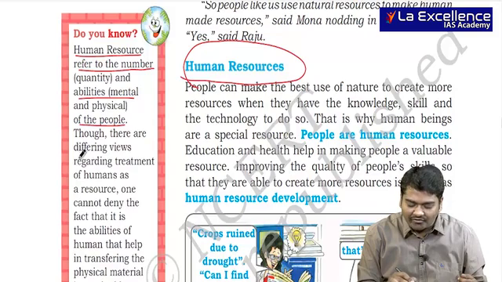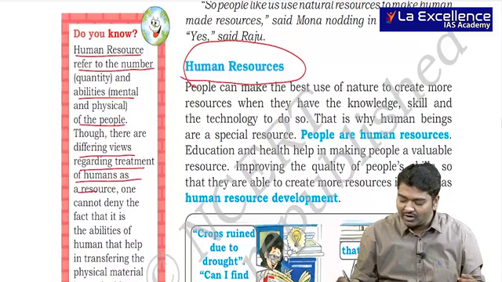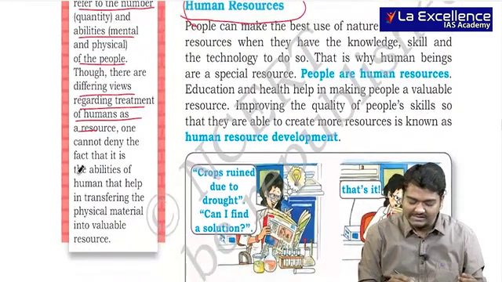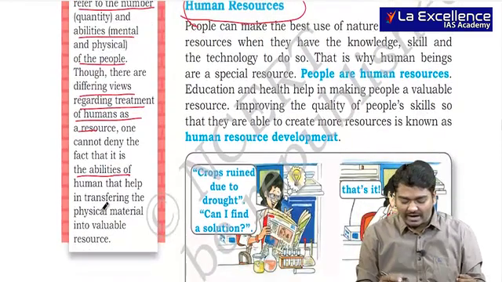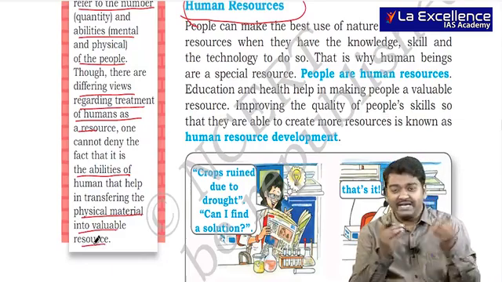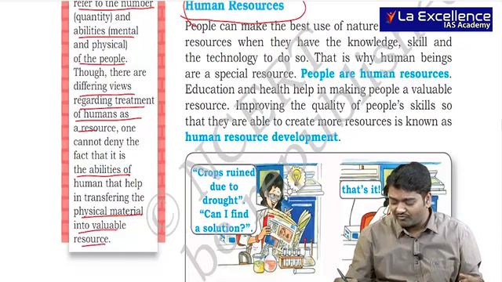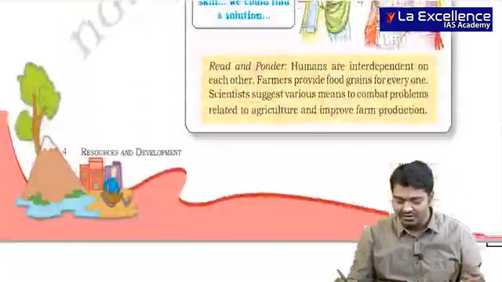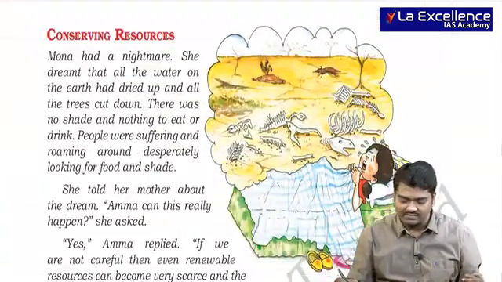Though there are differing views regarding the treatment of humans as a resource, one cannot deny the fact that humans have the ability to transform physical material into valuable resource. So these are basic concepts which are not very much required, but I am just giving them to you; if you can go through this, it's fine.